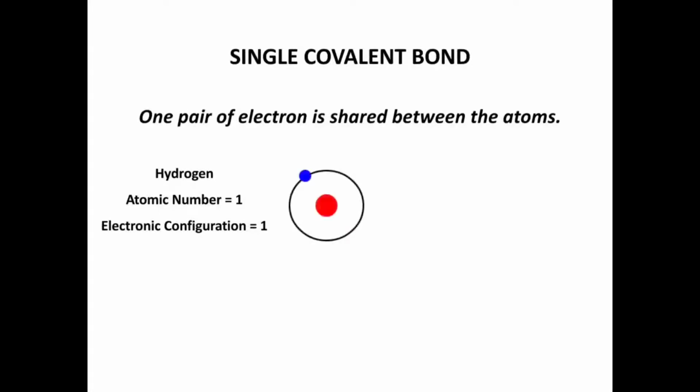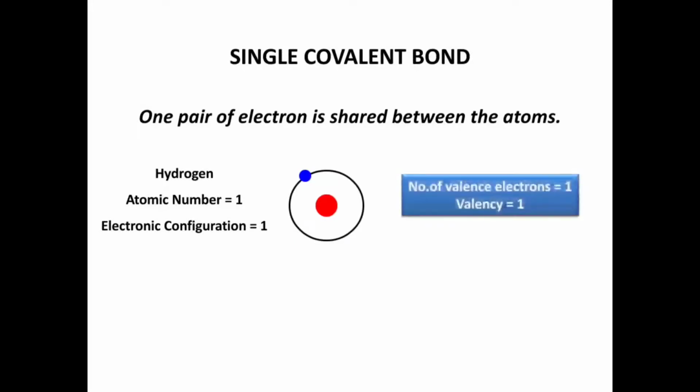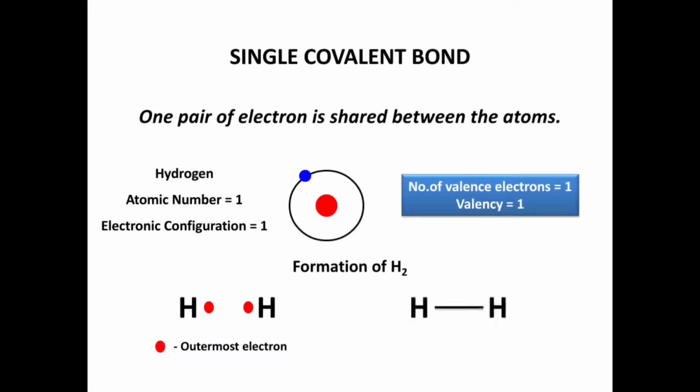So there is only 1 electron present in the orbit of hydrogen. Number of valence electrons in hydrogen atom is 1 and the valency is also 1. And now for the formation of H2 molecule, both the hydrogen atoms will share their electrons in order to form a single covalent bond.